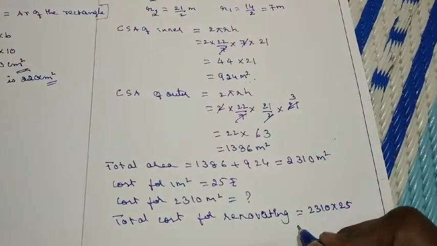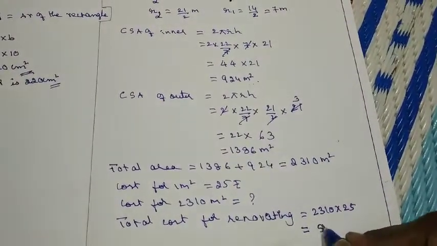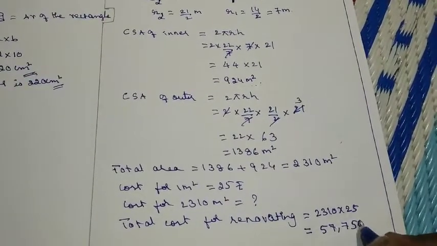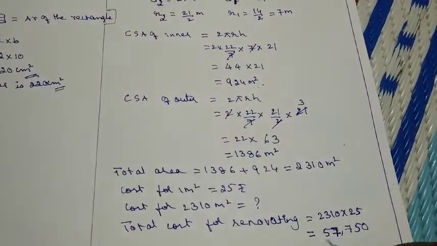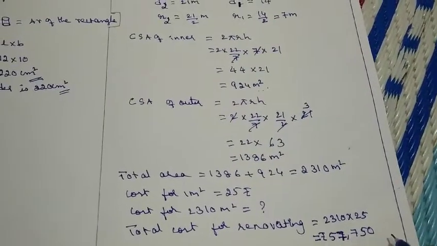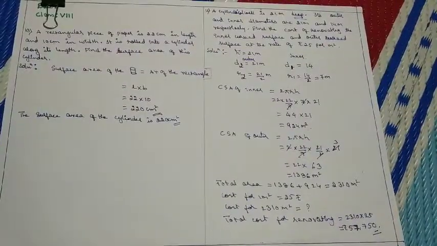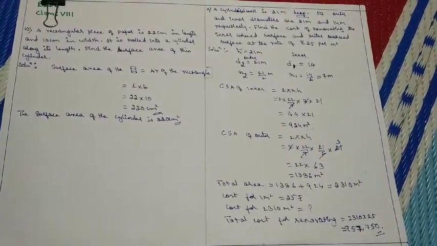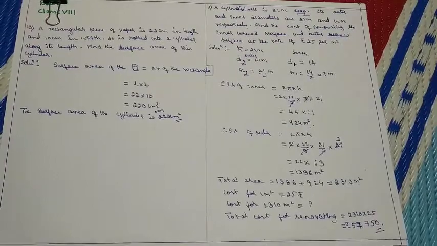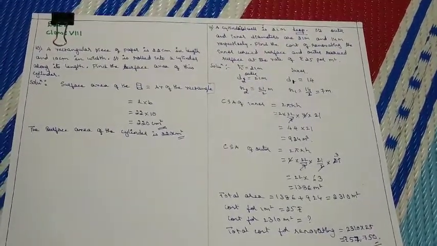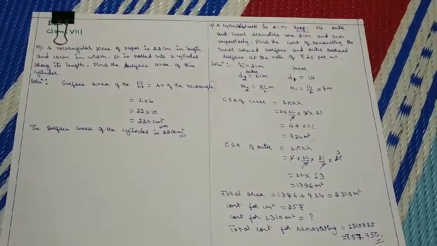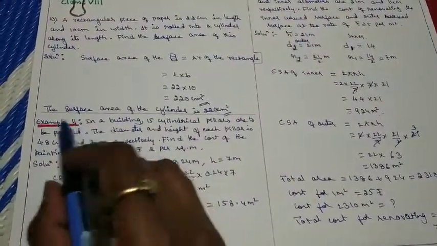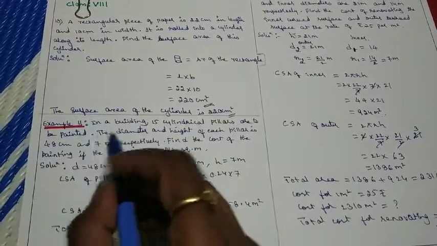The product of these two is 57,750 rupees. 57,750 rupees. This is the total cost. So this is how we need to solve for TSA and CSA of cylinder, that is cylindrical figures. So here I'll solve example 11. Examples 9 and 10, solve them by yourself, children.